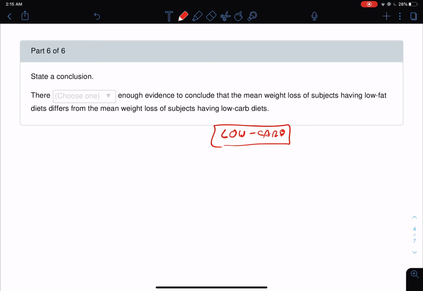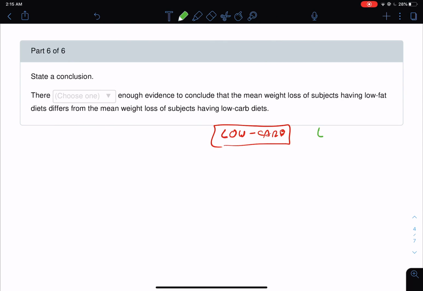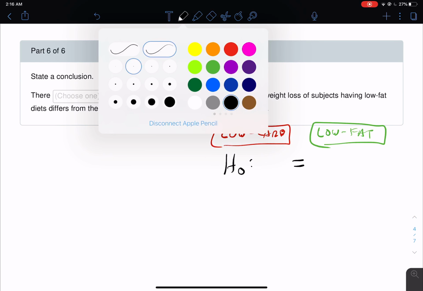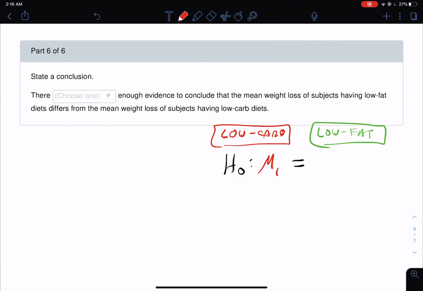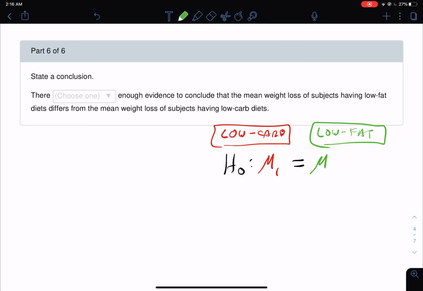We had the low carb diet in red, and we had the low fat diet in green. Now remember, we had our H0, which is the assumption that those two population means are going to be equal. So that's our assumption, that the population mean from the first group is equal to the population mean from the second group.